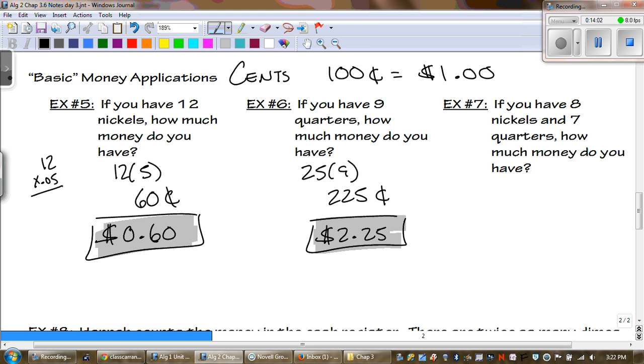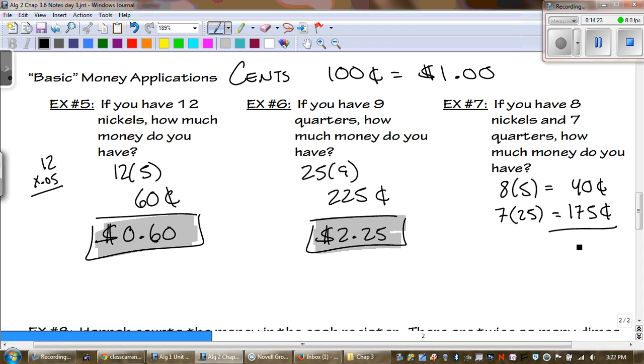Okay, what about 7? Well, if you have 8 nickels, that's 40 cents. If you have 7 quarters, that's 175 cents.